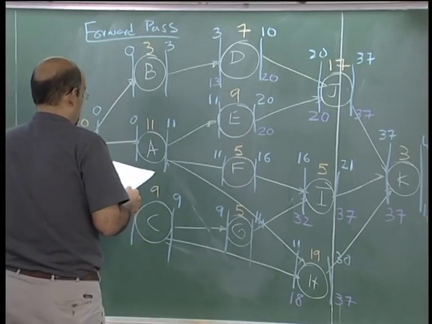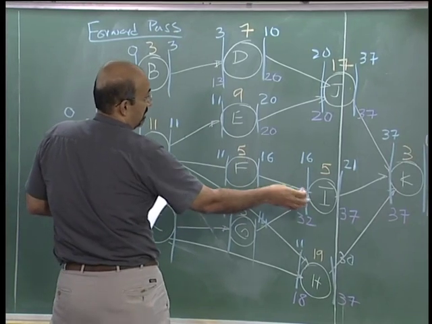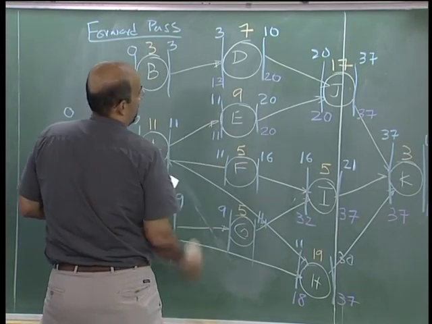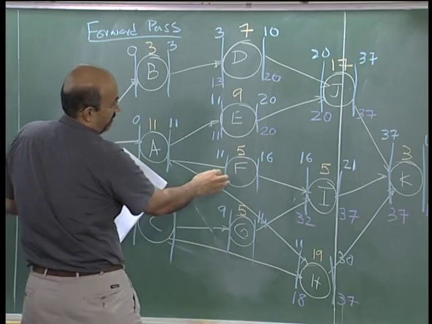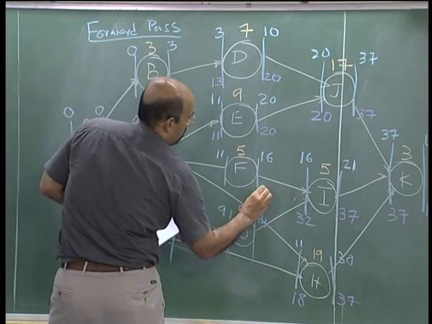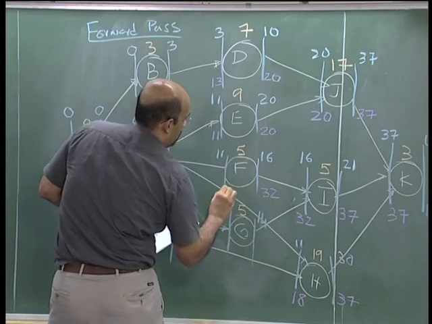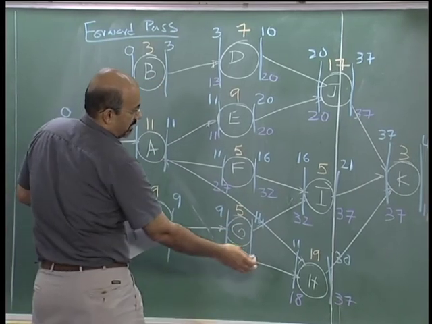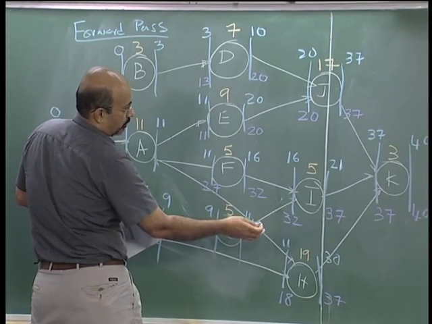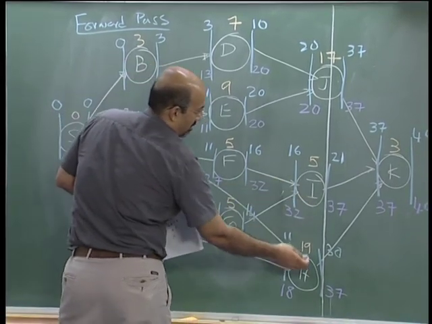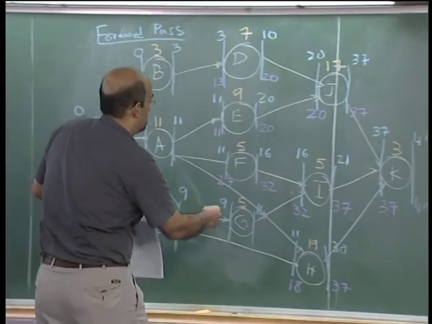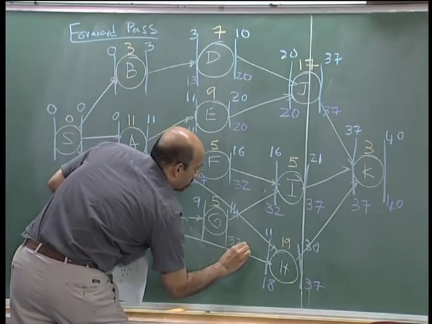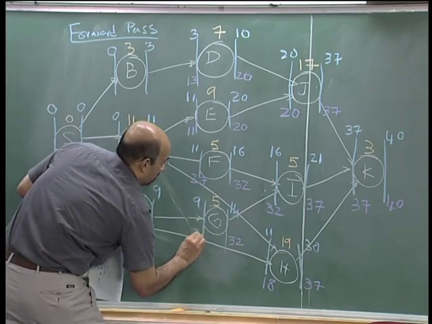Now E is 20 and 11. We come now to F, 32, 27. J is 32. Now G has two successors, I and, I'm sorry, not G, that was this. G has only one, that is 32, 27.